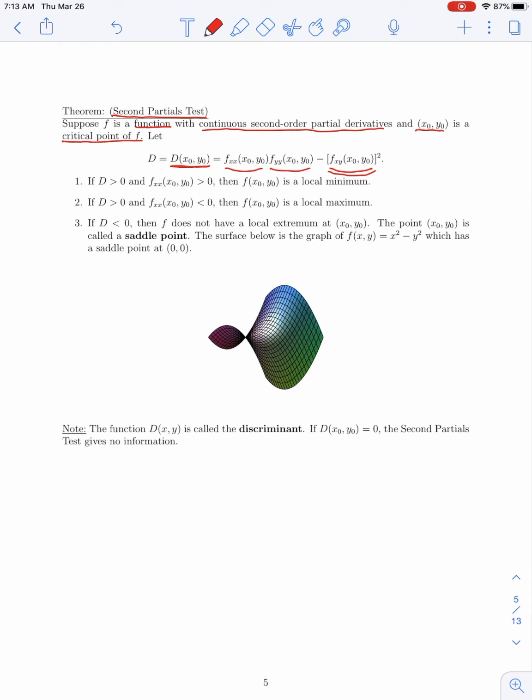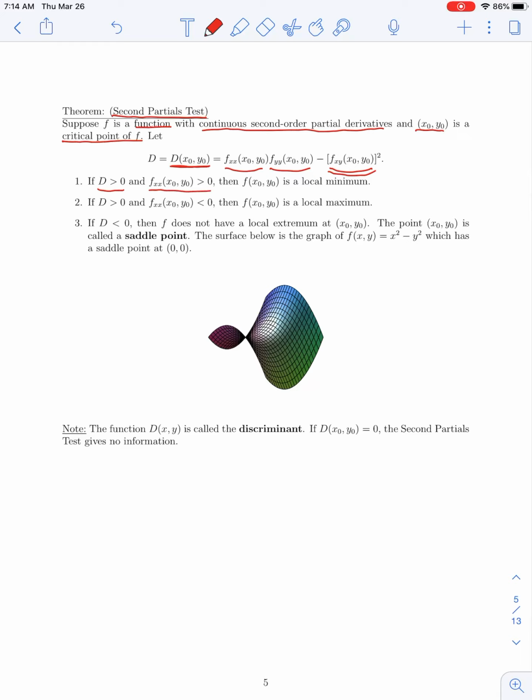So what does this function tell us? Why are we defining this function D? Well, it tells us whether our function has a maximum or minimum or neither at a critical point. So there are a few cases to look at.